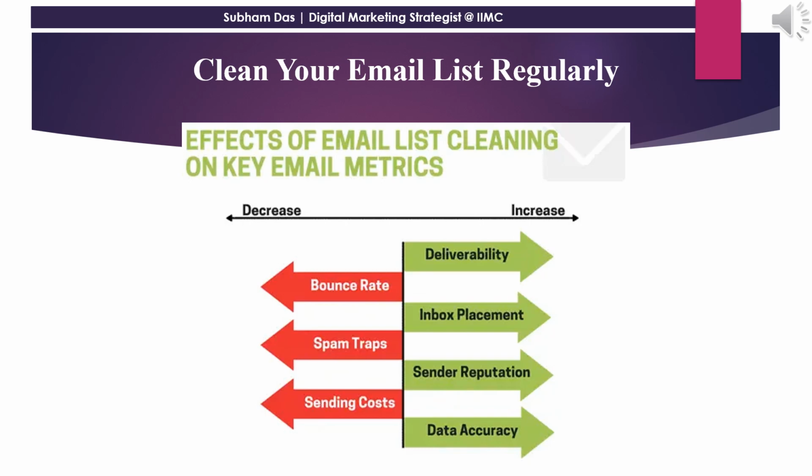While you do this, you can expect improvement in deliverability. That is, number of emails that are being sent and delivered successfully. Number of emails that are going to the inbox rather than the spam folder. That is inbox placement.